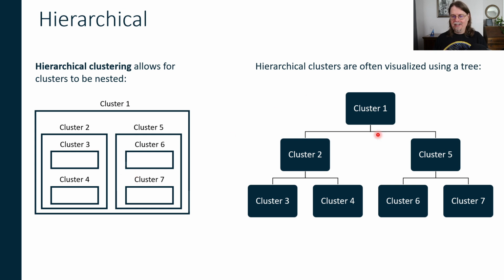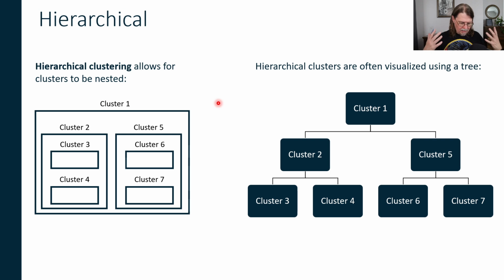And when most people see this, what they think of first and foremost is an organizational chart, an org chart for your company. Maybe this is the CEO, and this is a VP, and this is a VP, and this is an assistant VP, and so on and so forth, until finally you get at the very bottom, the folks that actually do the work every day. You can think of an organization as being a hierarchy of clusters based on chain of command, based on management. This is a very, very intuitive way to think about it.